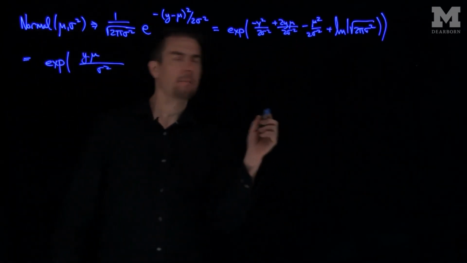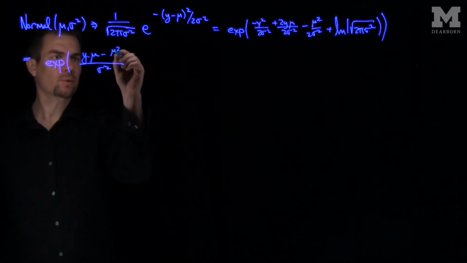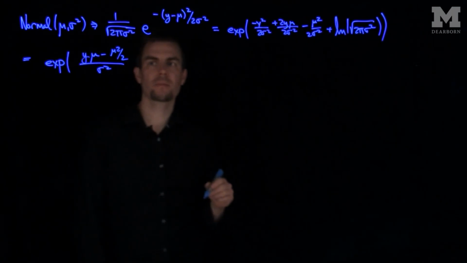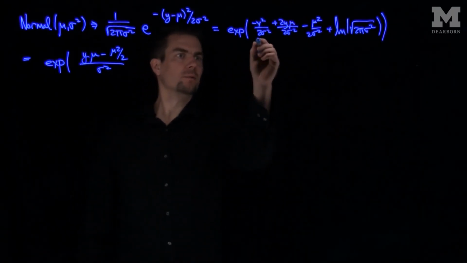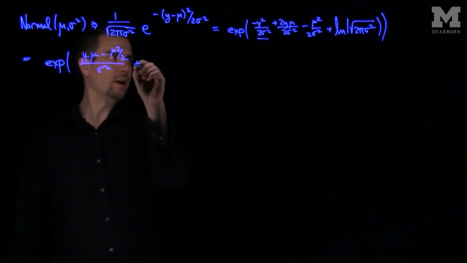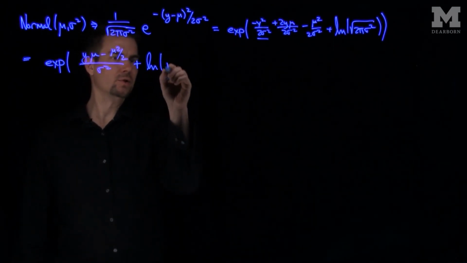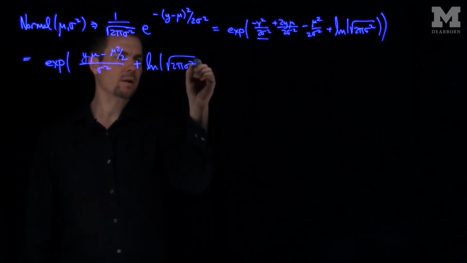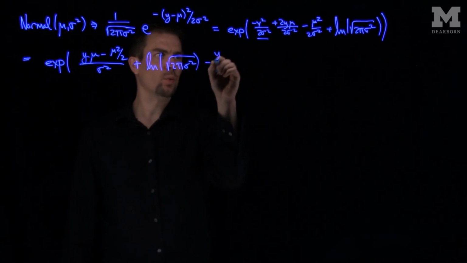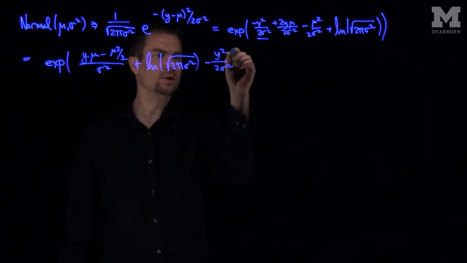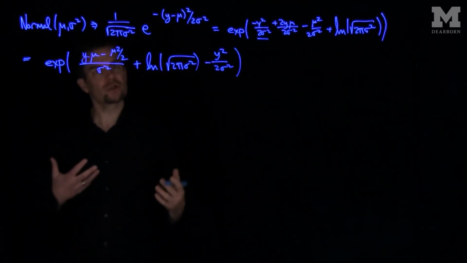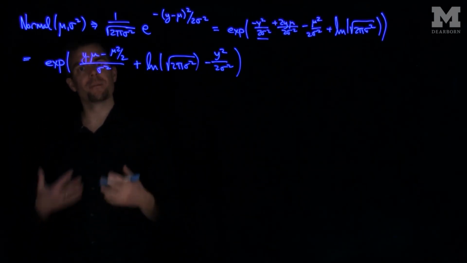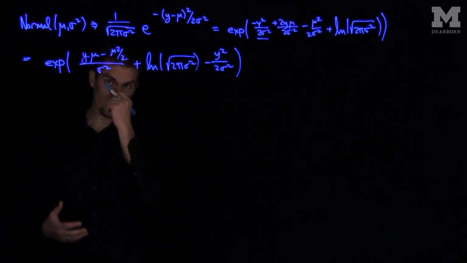And I'll write this as a minus mu squared over 2. And then we have this extra term over here, so we're going to group that term over there. So we have the plus natural log of the square root of 2 pi sigma squared, and then a minus y squared over 2 sigma squared. So we just algebraically manipulate the form of the PDF of a normal random variable into this form.